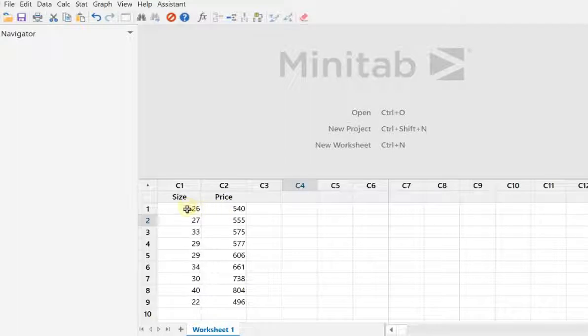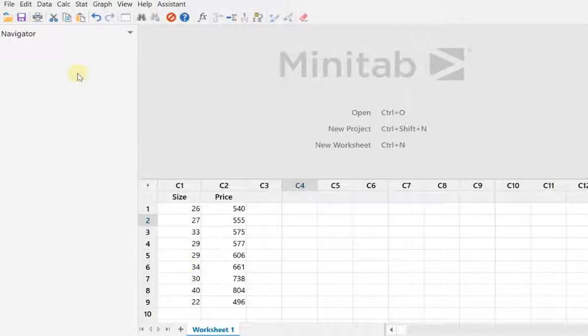You have data on two variables, x is size, y is price. It happens that both of these are quantitative. And again, our assumption is that these sizes are fixed sizes, although they actually seem random to us, but we're going to make that assumption.